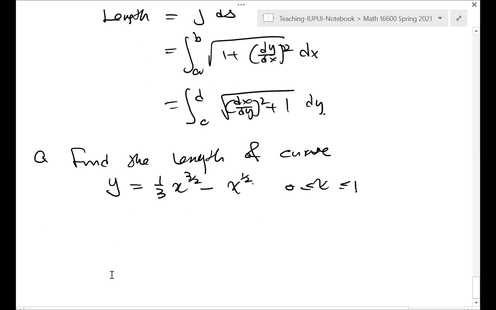All right, so the function looks pretty ugly, right? Now, you don't need to draw the graph. You know x is between 0 and 1. All you have to do is find and write down the formula.